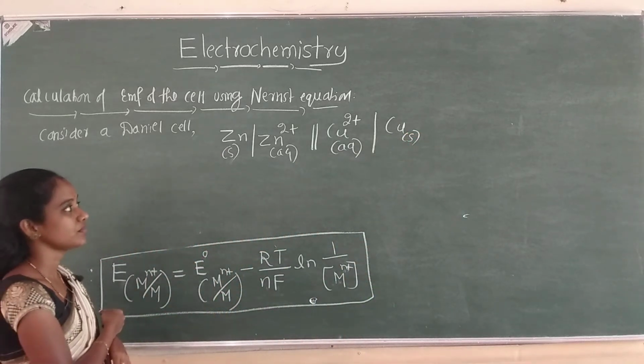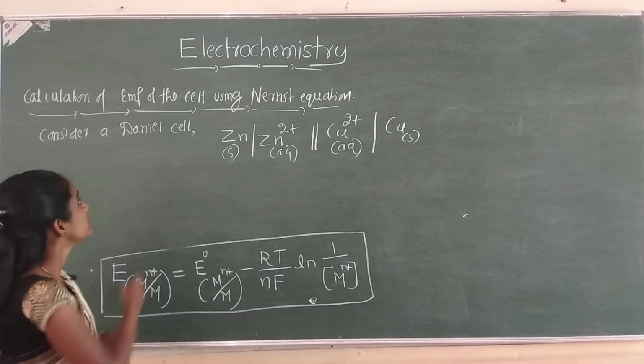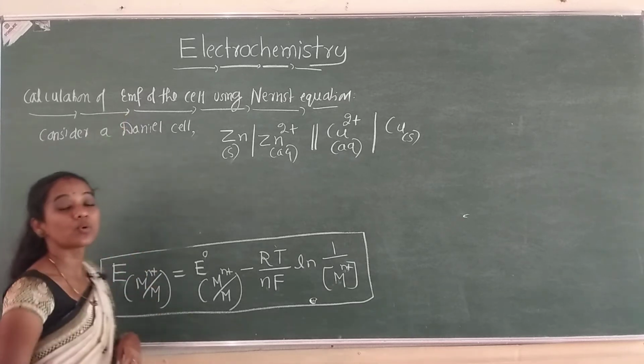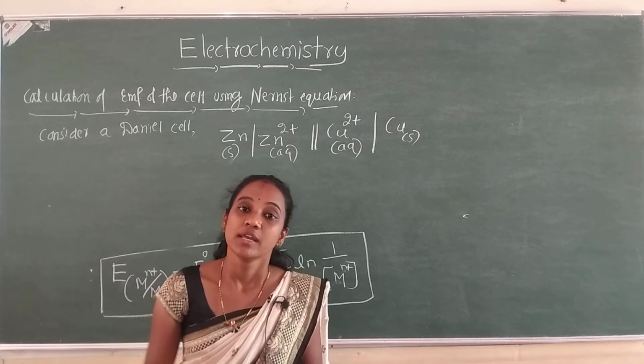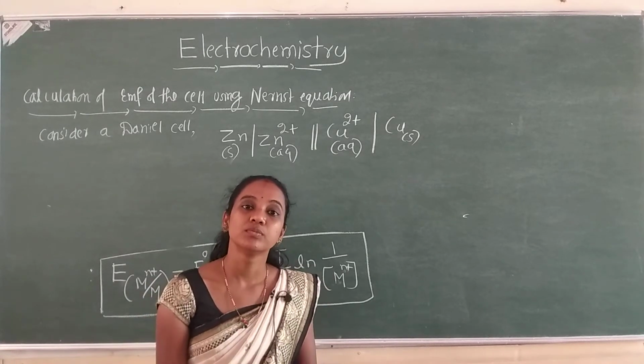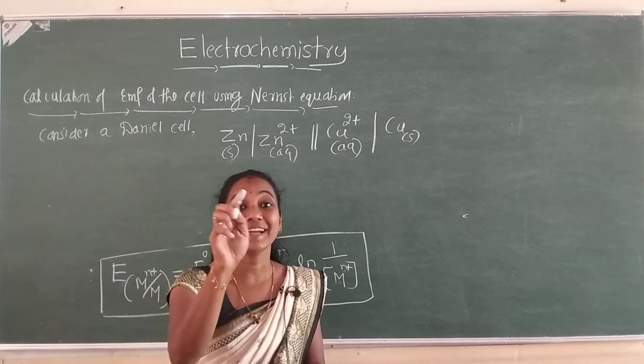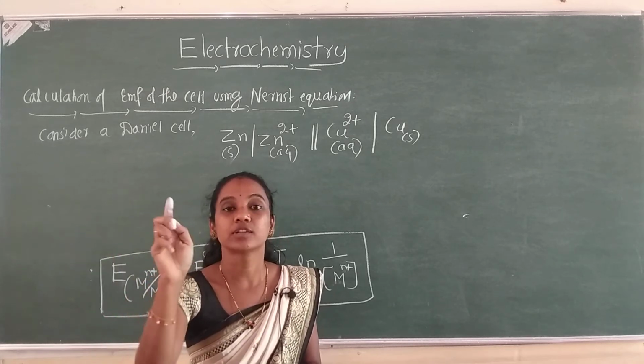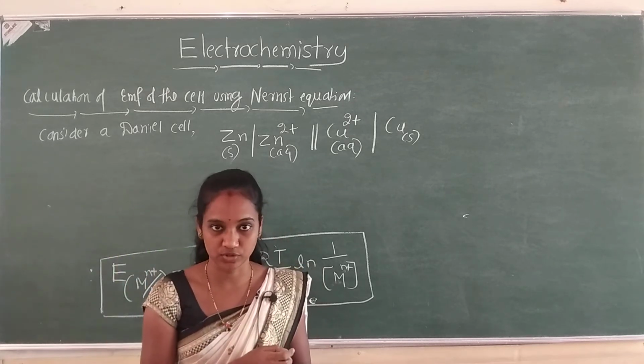Now our aim is to find the EMF, right? So what is the EMF formula? EMF is equal to the electrode potential of the right hand electrode minus the electrode potential of the left hand electrode.